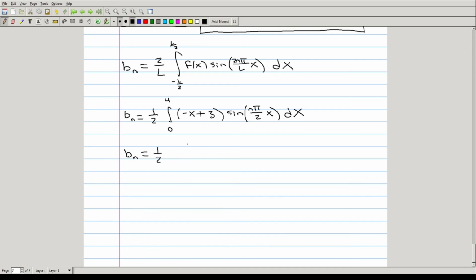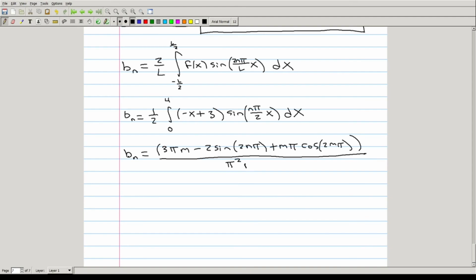This is going to be 1/2 times this integral, which ends up reducing, after you do integration by parts, to 3 pi n minus 2 sine of 2n pi plus n pi cosine of 2n pi, all divided by pi squared times n squared.